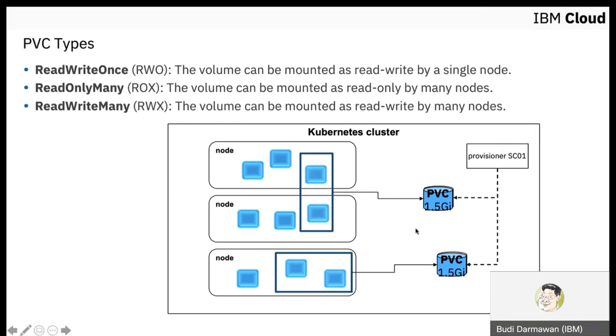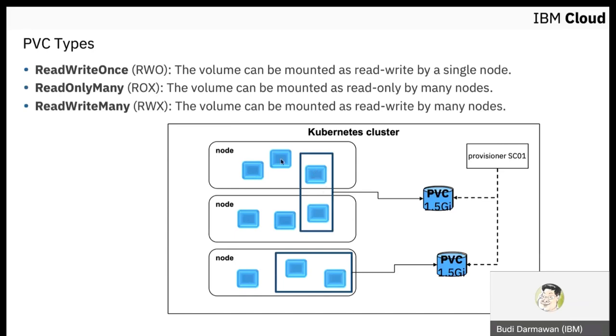For example, if most deployments need storage, they would not want read-only. Just imagine that. If you have a deployment, you need to store data. That's why you need a persistent volume. If it's only read-only, why would you really need a persistent volume?